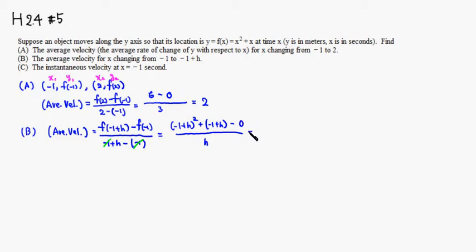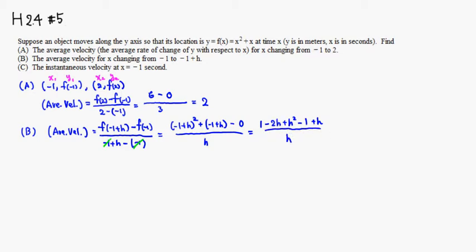Then we can multiply out: -1 squared would be 1, minus 2h, plus h squared, plus -1 plus h, all over h.